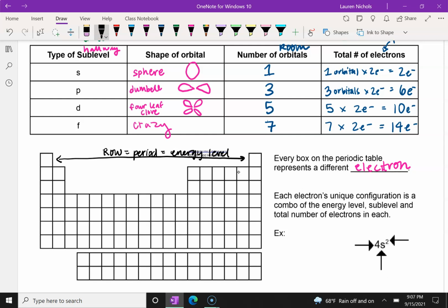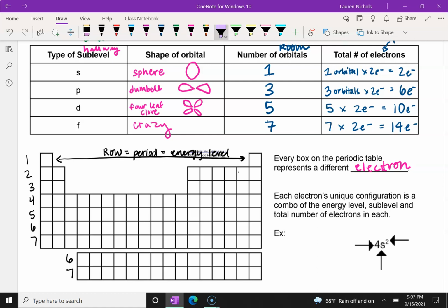Okay, so on our periodic table, we have 1, 2, 3, 4, 5, 6, 7 rows, which correspond to the 7 possible energy levels. Now, these two under here are part of row 6 and 7, and we'll get into that. So if that's where our rows are, or the floors of our hotel, how do we find the hallways or the sublevels? Well, those are in special places in our room.